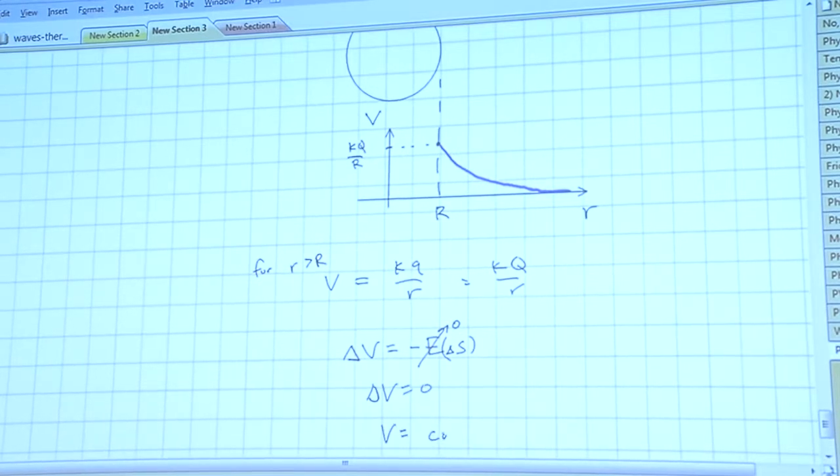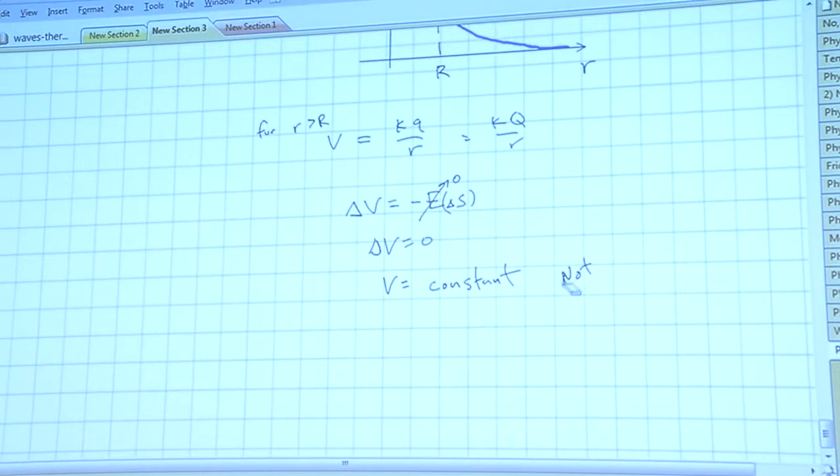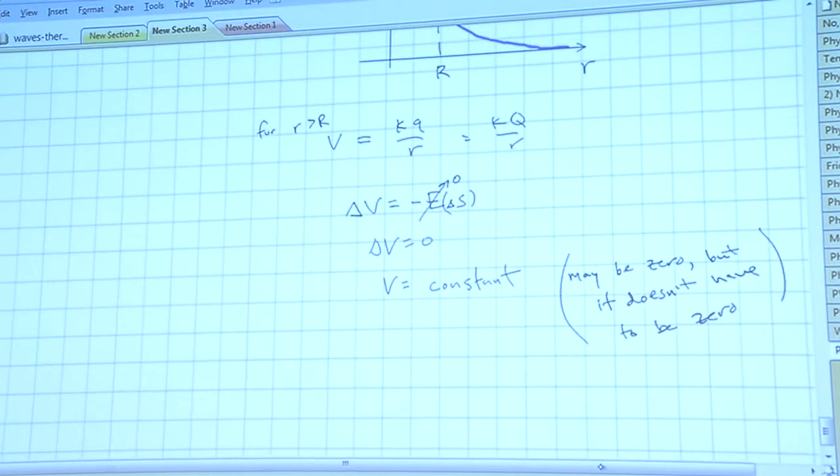V has to be constant. It might be 0. 0 is a constant, but it doesn't have to be 0.